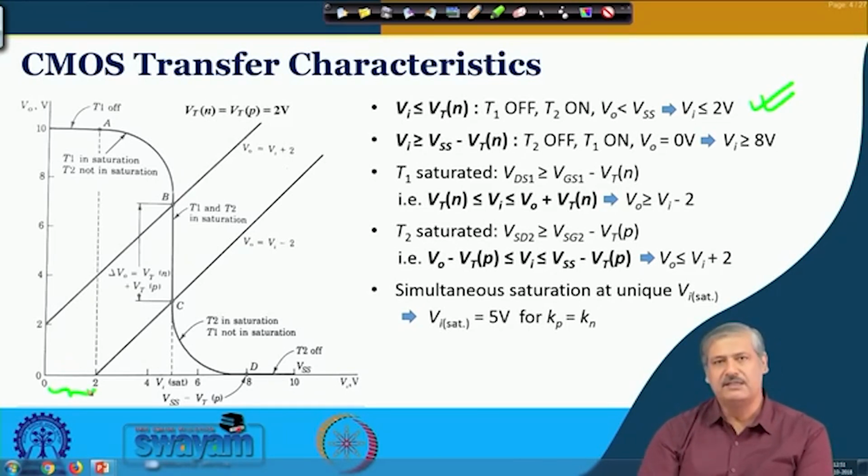What is happening at that time? T1, the NMOS, is off, and 10 minus 0 volt or 2 volt is sufficiently small, so a positive channel is formed and T2 remains on. This is what you see over here.